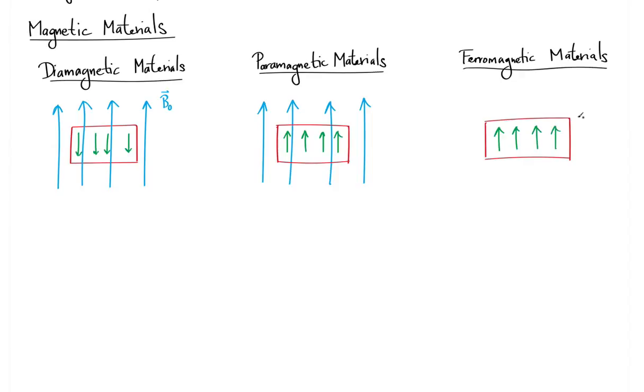Okay, and the reason for that is that there are electron spins. If you look at, for instance, a chunk of iron, the iron atoms have a net spin, and the spins on the different iron atoms interact in such a way as to cause them to align.